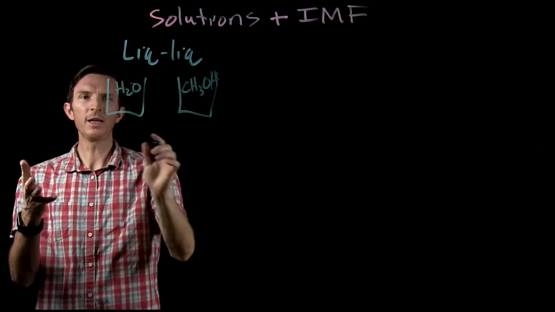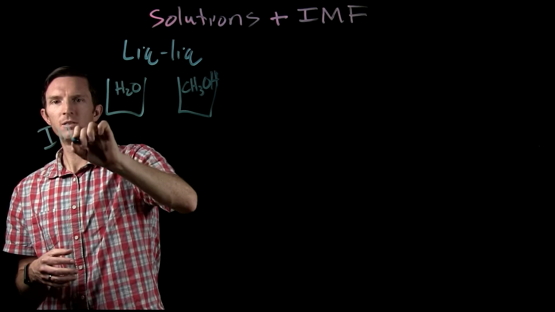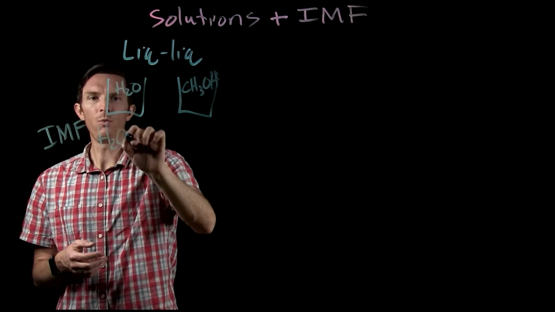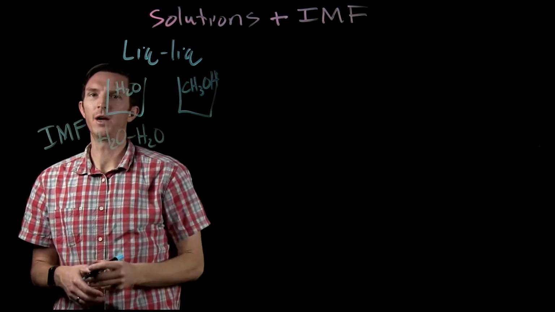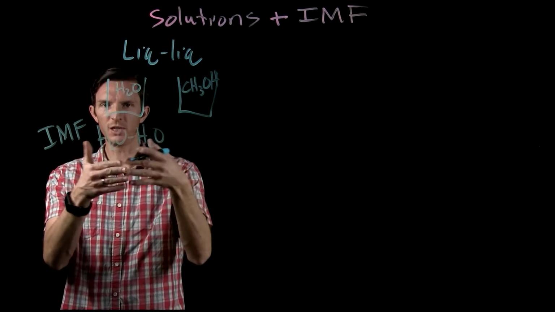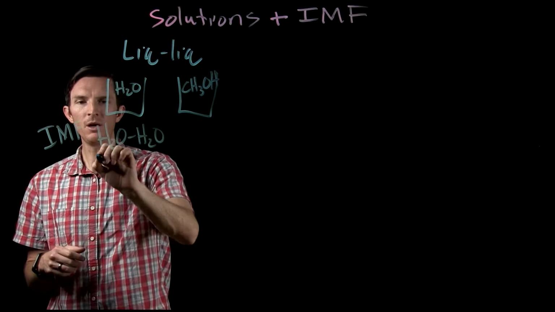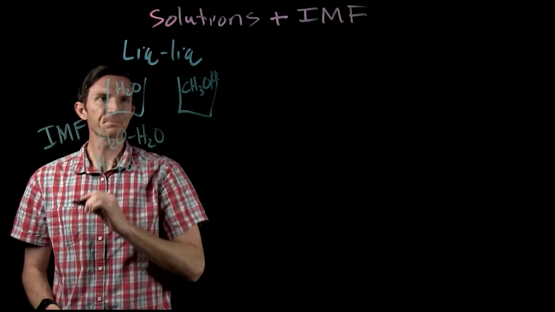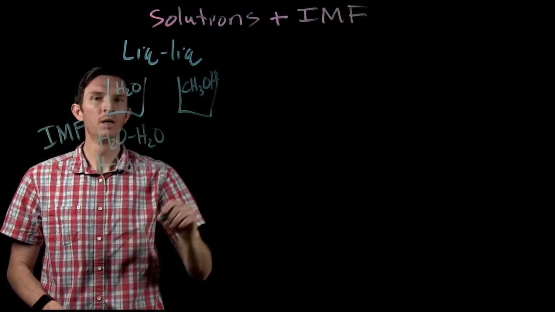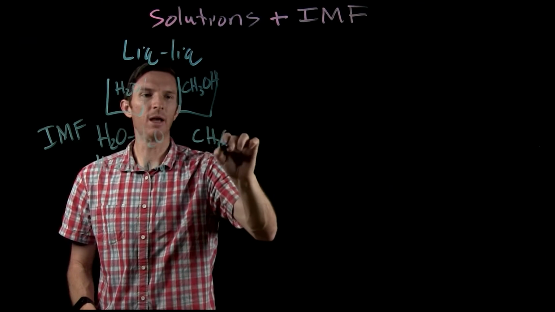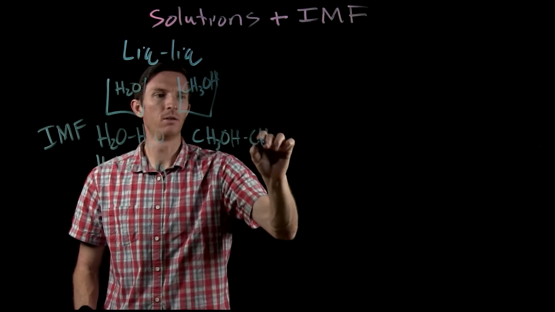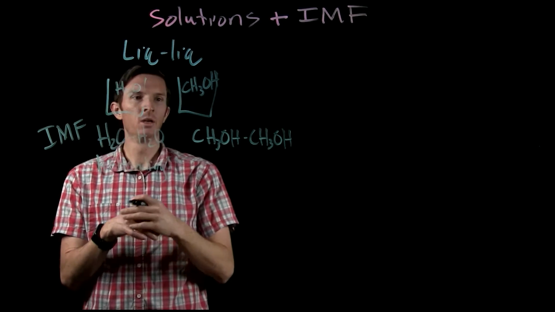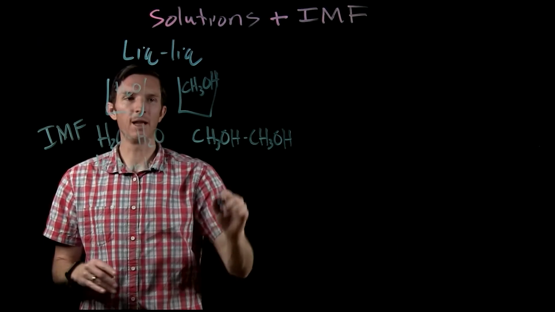If we look at the intermolecular forces present, we have the water attractions, and those molecules are attracted to each other primarily by hydrogen bonding. Over here we have methanol, and in our methanol we would have the methanol attractions. When they're separate, these are the attractions they would have.